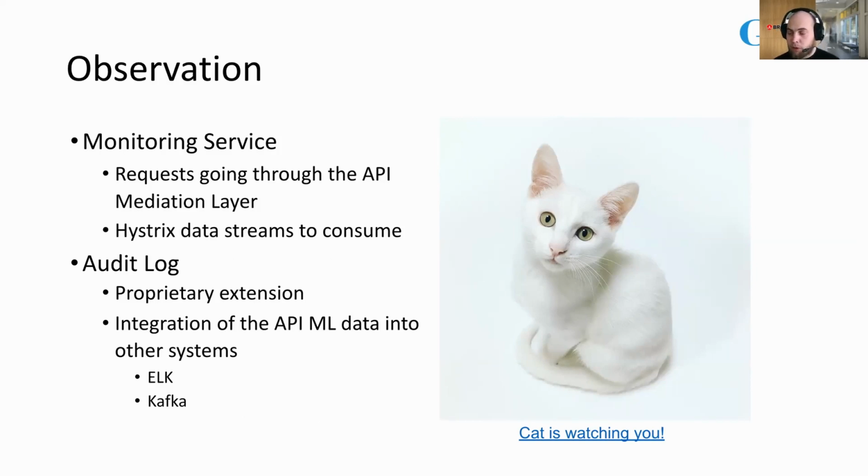Apart from that, we have a proprietary extension that may become open source at some point, where we provide a simple integration with other tooling like Kafka and the Elk stack.